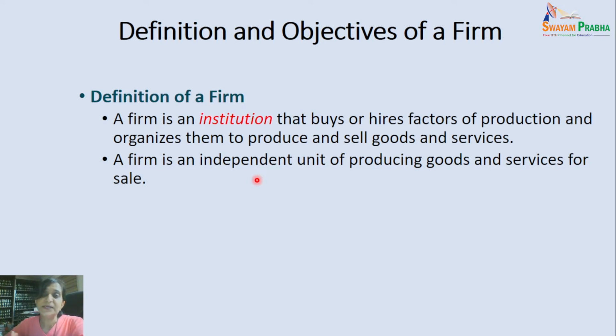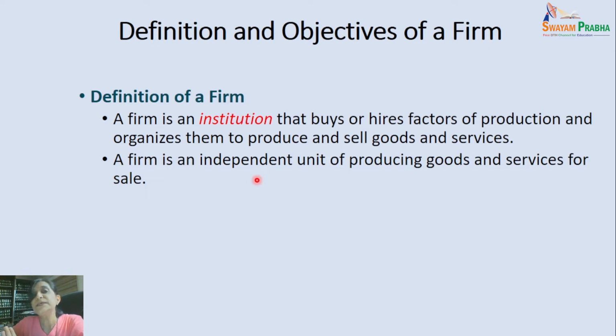So let us take an example. Maruti is a firm which is producing automobiles. But there are many other firms which are also producing automobiles. Let us say Hyundai is there, let us say Kia Motors is there, let us say Honda is there. Together all of these firms will make an industry.